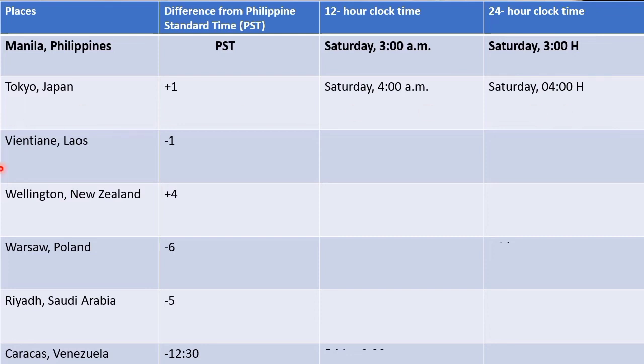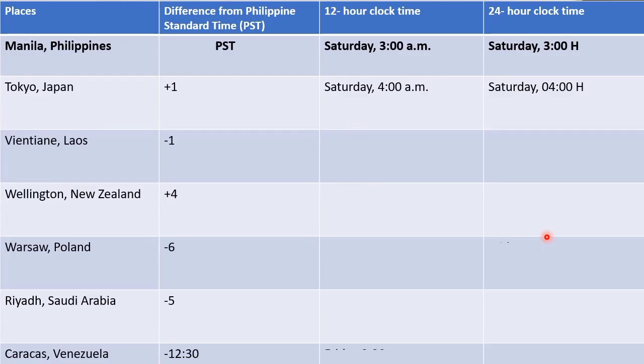Next is Vientiane, Laos. -1, ibig sabihin, magsasubtract lang tayo ng 1 hour kay 3 a.m. kasi behind siya. Ibig sabihin, nahuhuli ng isang oras si Laos kay Manila, Philippines.